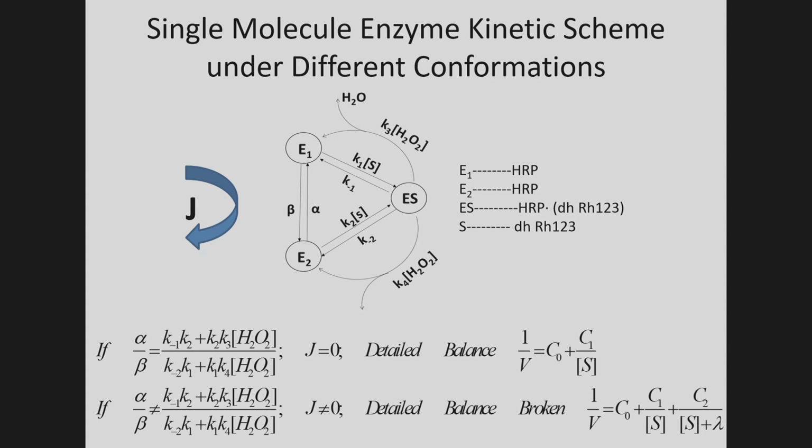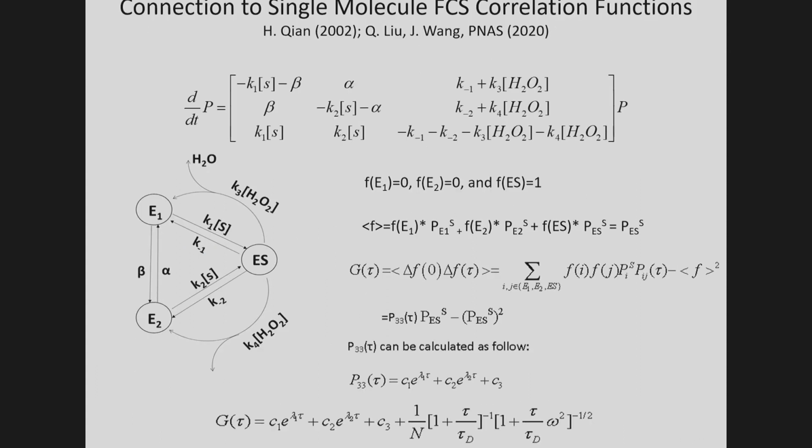However, if there's any net flux flowing around here, then there's an extra term in this so-called Michaelis-Menten type of rate equation. So it's not Michaelis-Menten-like. While this is a relatively simplified picture, we can connect this to the observations through the correlation function.